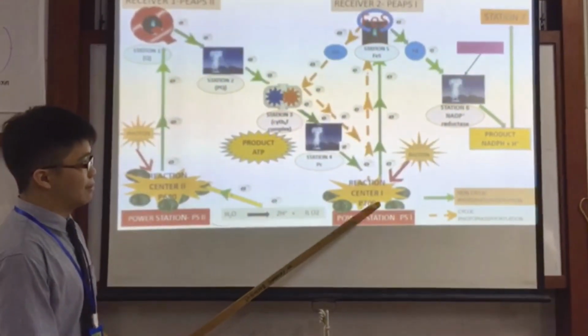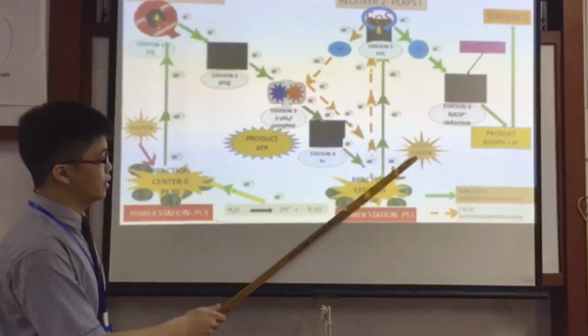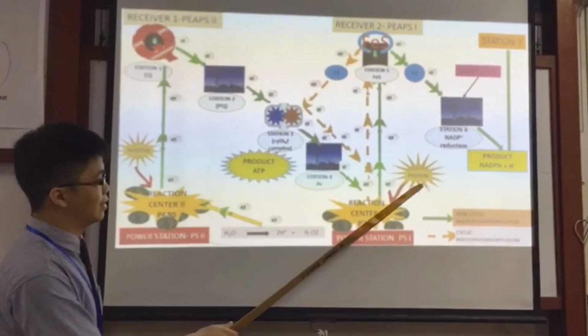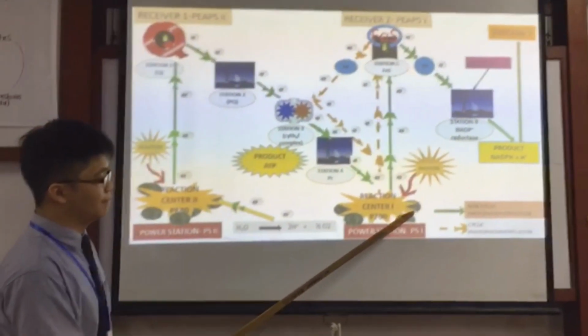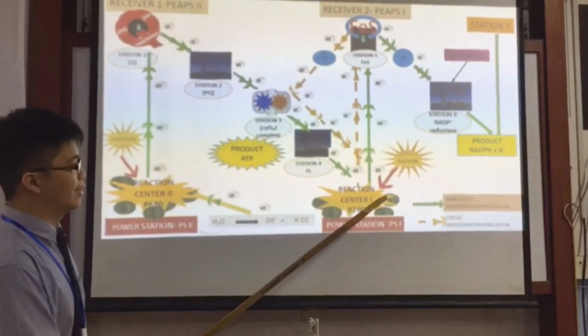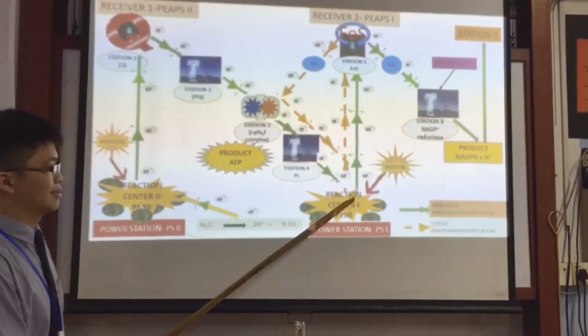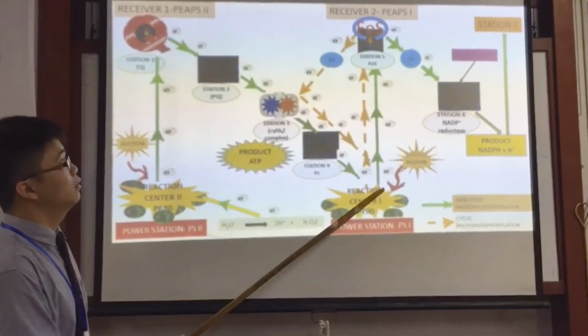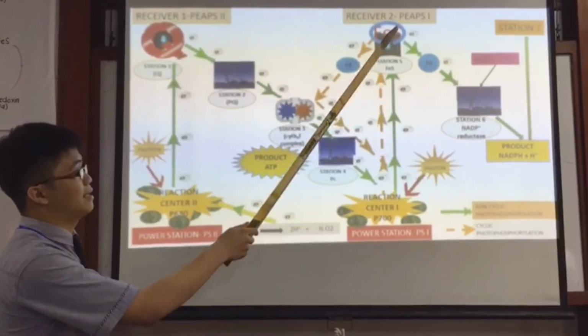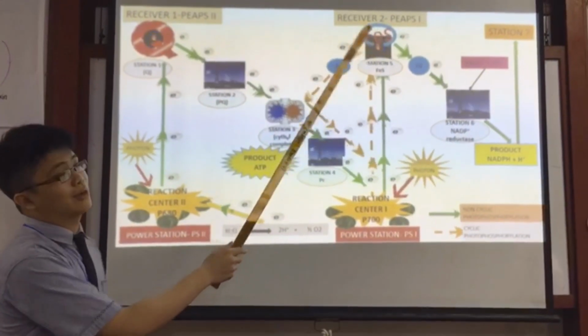So the electron now is in the PS1. It receives the light energy by the accessory pigment, and the energy is passed to the P700, the reaction center of photosystem 1, and the electron is excited and passed to the FeS, the primary electron acceptor for the PS1.